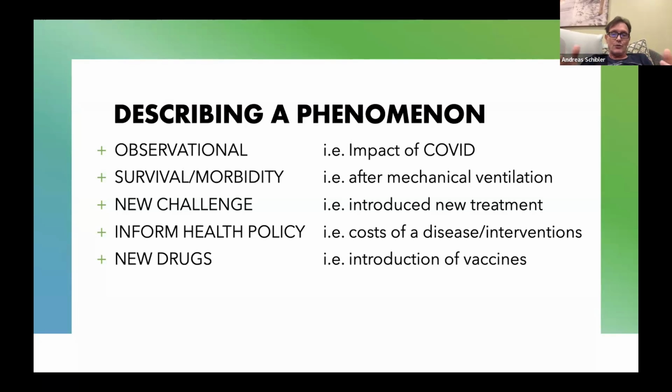For instance, we currently have in Australia and other countries the implementation of the RSV monoclonal antibody, or long-acting antibody vaccination for RSV. So there are going to be a lot of studies following up where new drugs are implemented and we're going to see whether they make a difference in outcome.